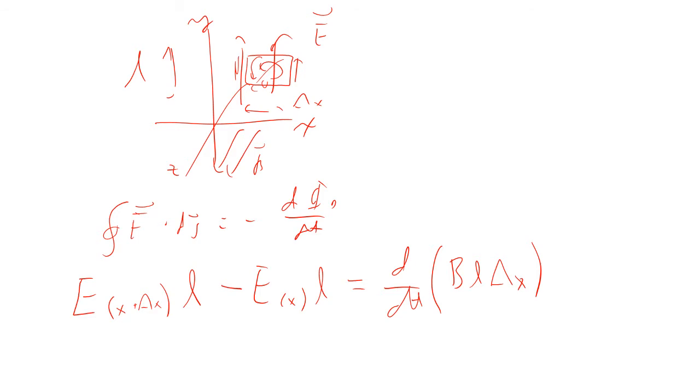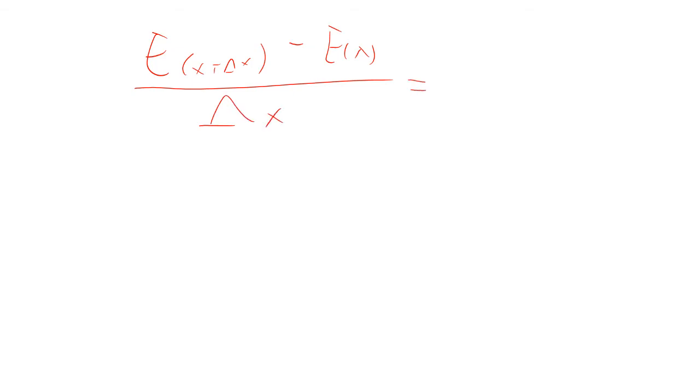Well, we look at that and say, wait a minute, the L's will all cancel. And the delta x doesn't change, so this is delta x times dB dt. We can rewrite E at x plus delta x minus E at x, bring the delta x over from the other side of the equation, and that's equal to minus dB dt.